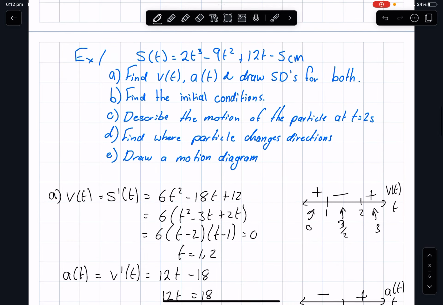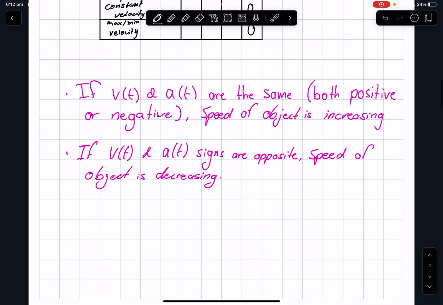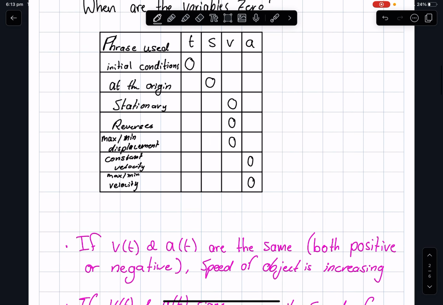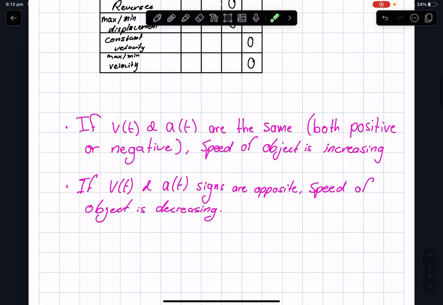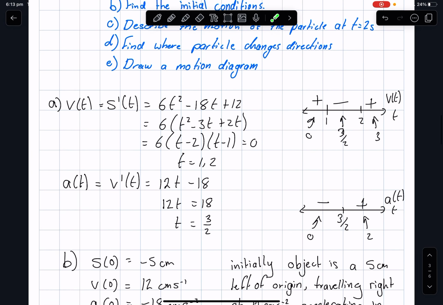So part D, find where the particle changes directions. Now, changes directions is also the same as reverses. So that's when V equals 0. So I look at my velocity sign diagram, at t equals 1 and 2.